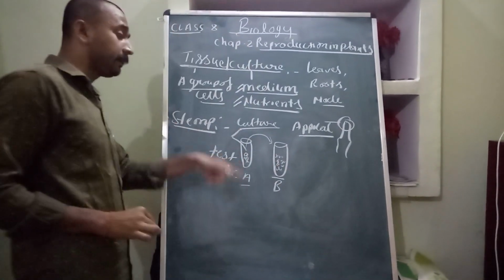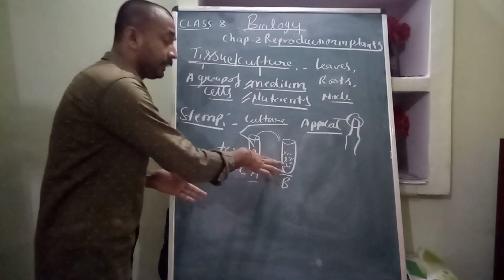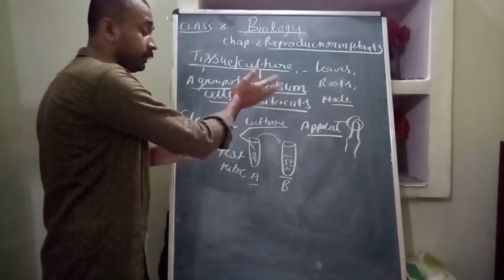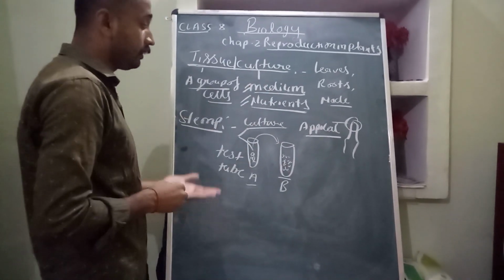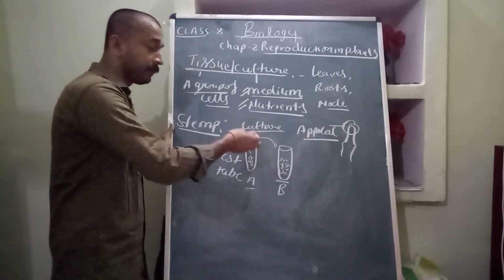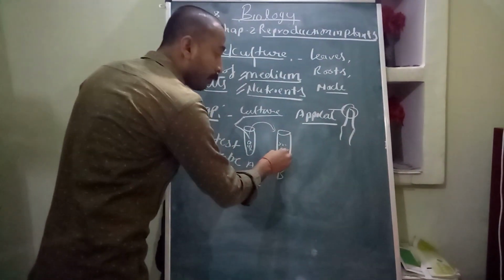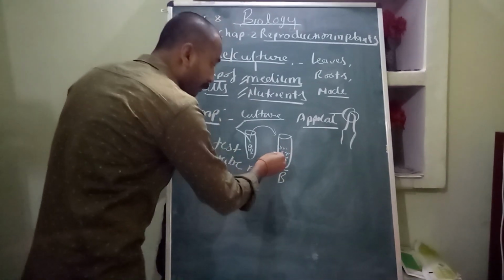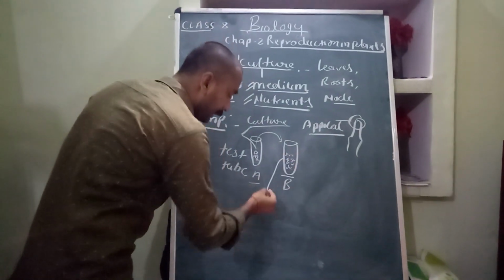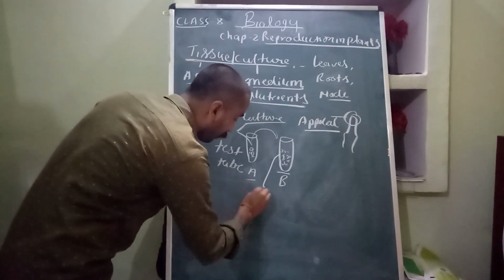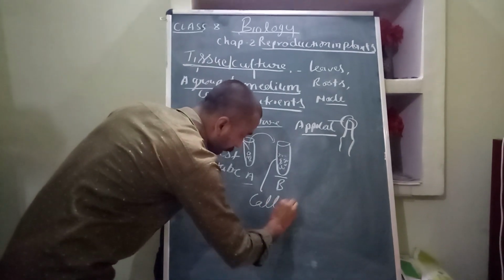Undifferentiated, students, means there is no differentiation, meaning which parts make the aerial parts, plumule, and which parts make the radicle, the rooted parts. It is an undifferentiated group of cells. So now this structure inside this test tube is called callus.